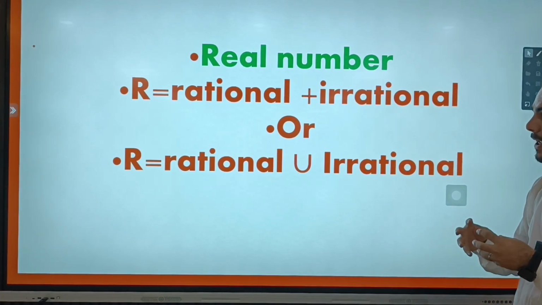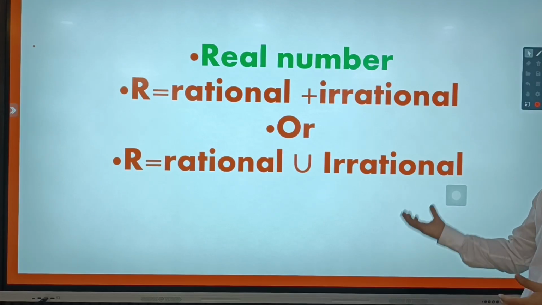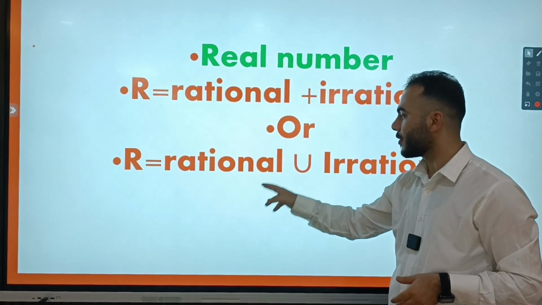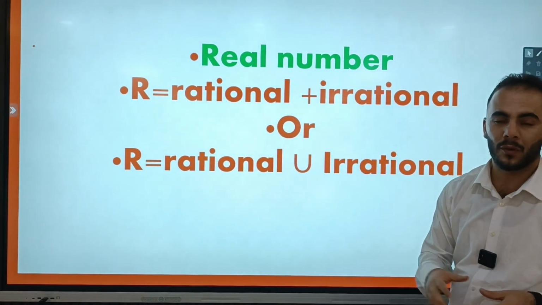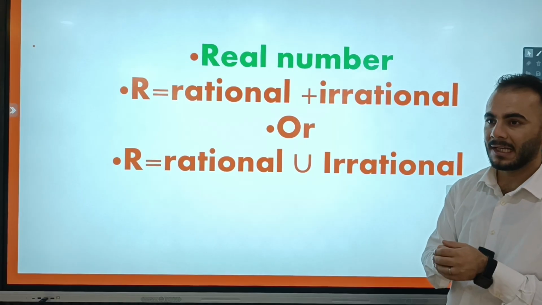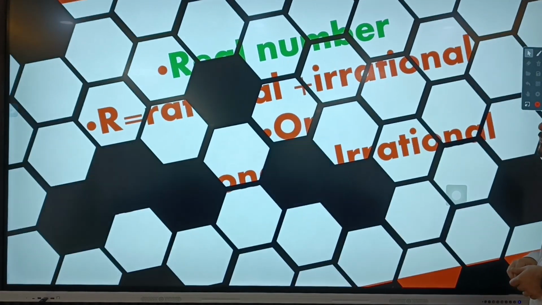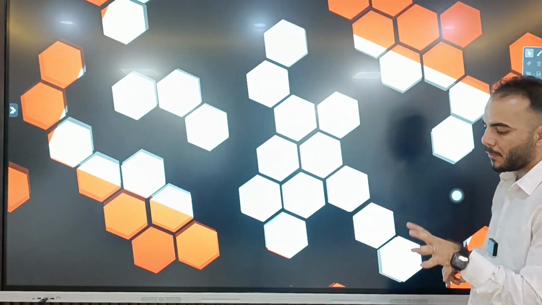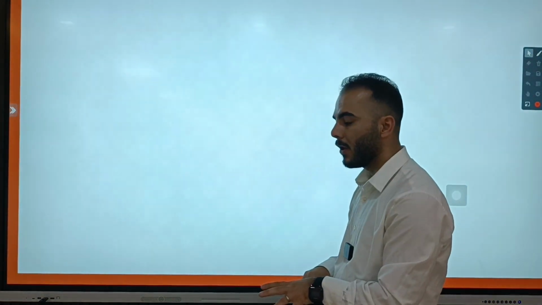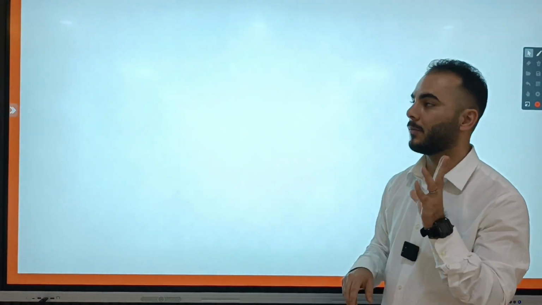So they are going to make real numbers together. We can say that real numbers equal rational union irrational. So they are going to make a universal set, which is called real numbers. So no matter whether the number is rational or irrational, it's going to be real. Perfect.